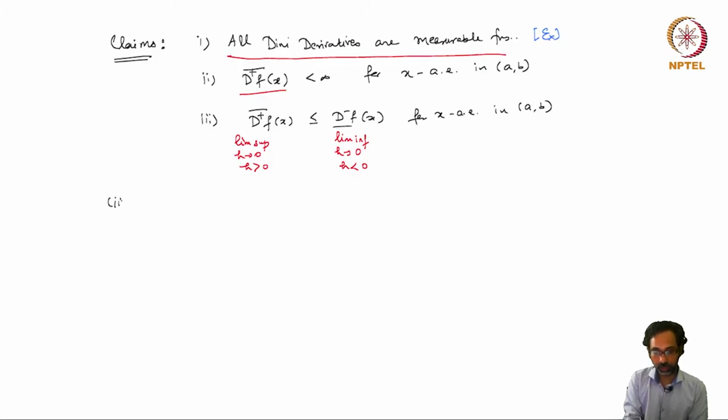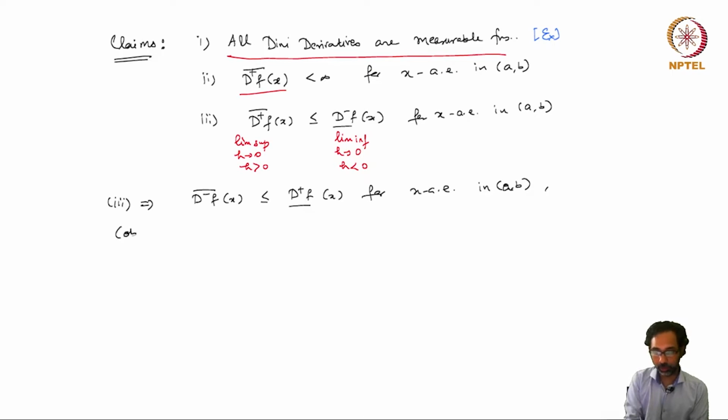3, this point 3 implies that d minus upper bar f x is also less than or equal to d plus f lower bar x for x almost everywhere in AB.